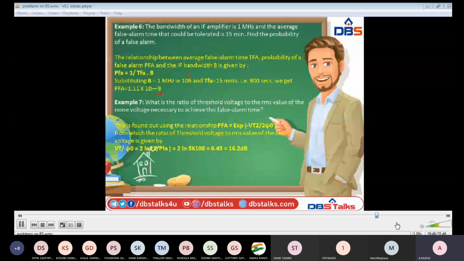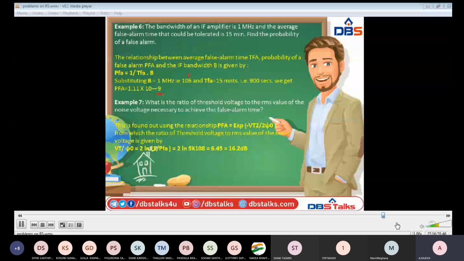We have taken the maximum value, so 2 into logarithm of 1 by PFA. Here PFA will be equal to 9 into 10 to the power of 8.